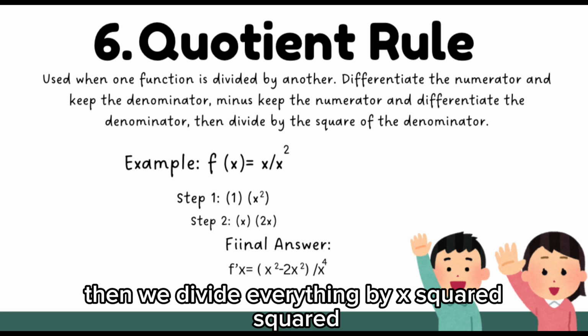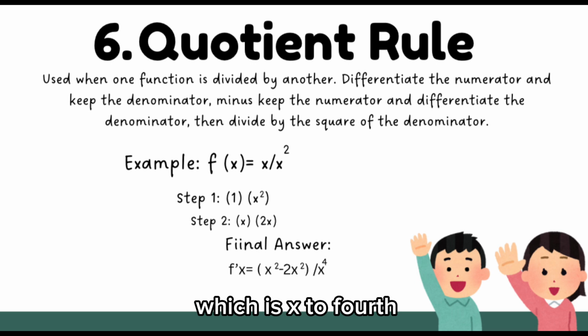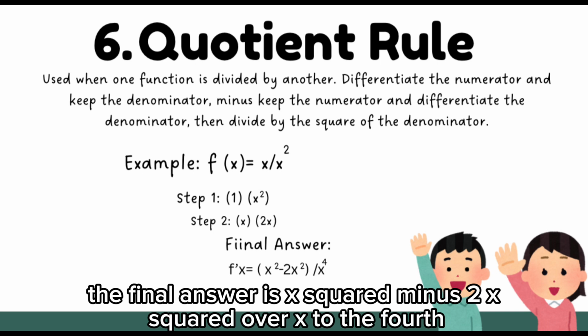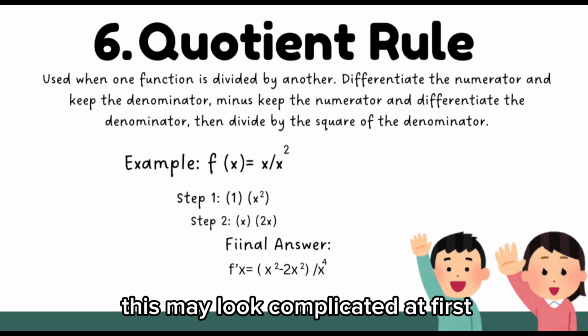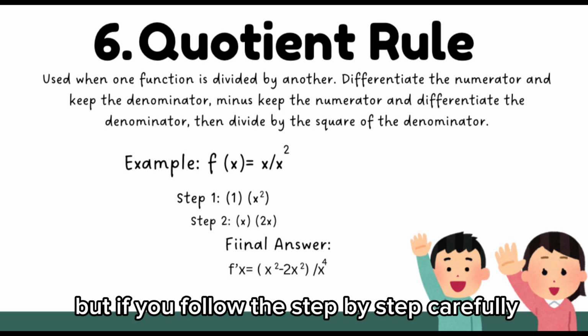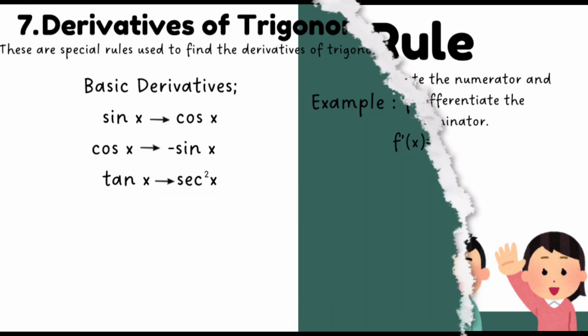Then we divide everything by x squared squared, which is x to the 4th. So the final answer is x squared minus 2x squared over x to the 4th. This may look complicated at first, but if you follow the steps carefully, it becomes easier.